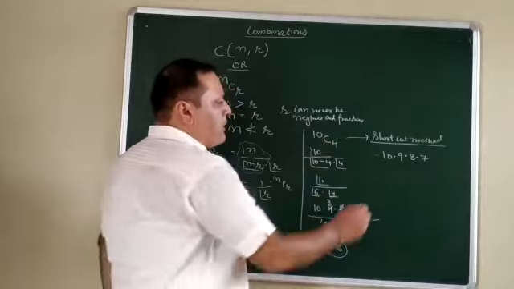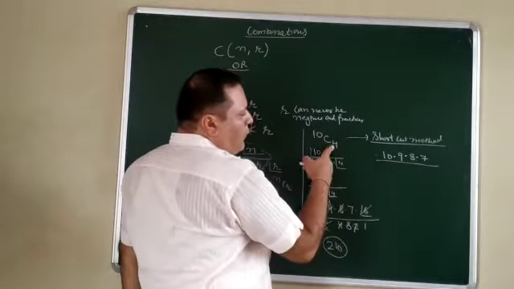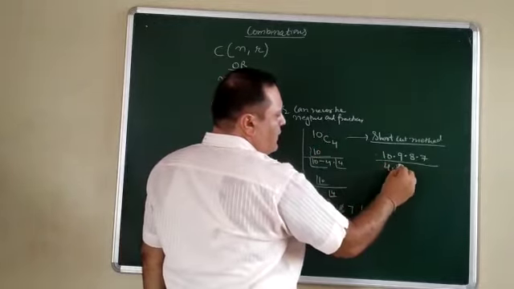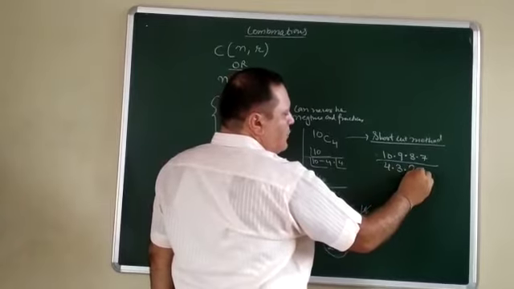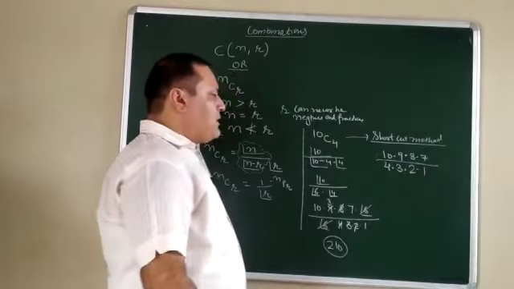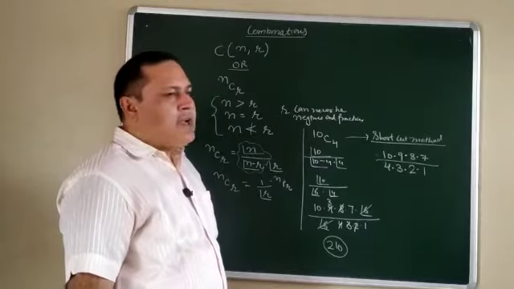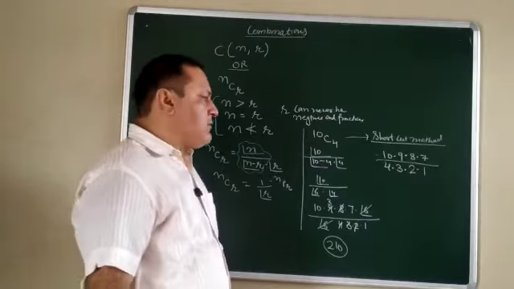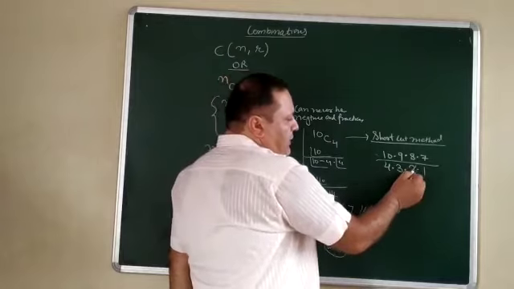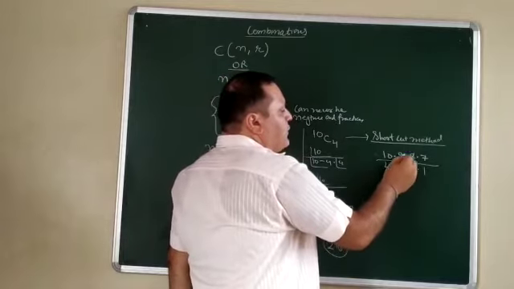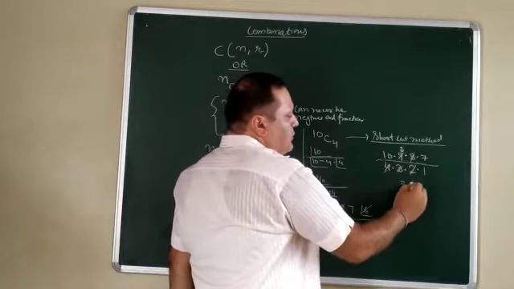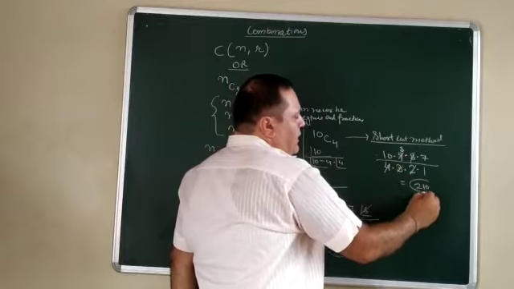Divided by, now the number starts from 4: 4, reduce 1 gives 3, next 2, next 1. So at last we reach the value 1. That is the maximum, because a negative factorial does not exist. After simplification, 4 twos are 8, 3 threes are 9. So the answer is again 210.